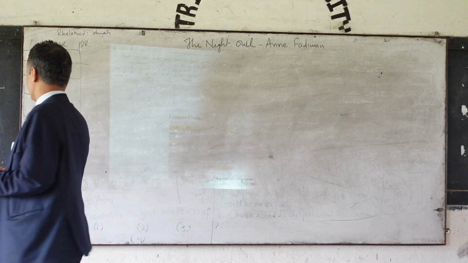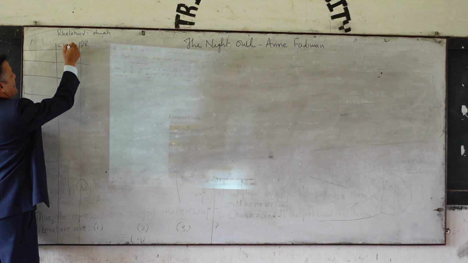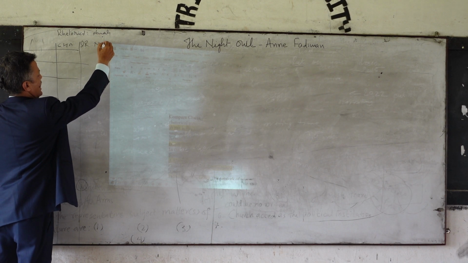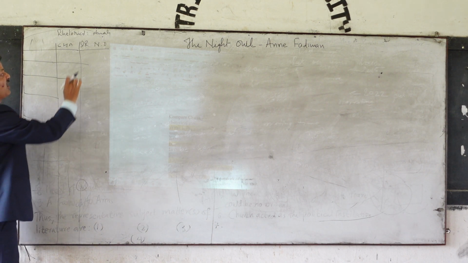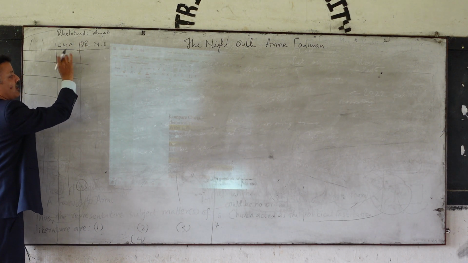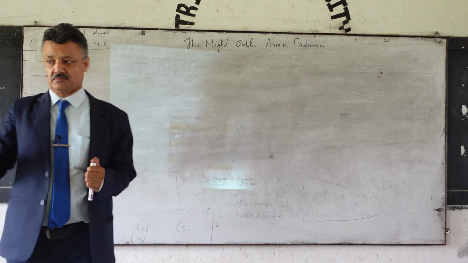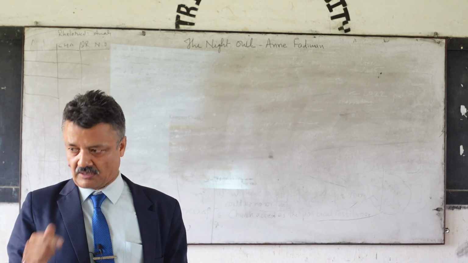So today, what I'll do, I taught you Coming Home Again last time. Now today I'll talk about The Night Owl. As I talk about The Night Owl, on every heading I'll compare both essays. I will tell you the same thing in the previous essay, and I will tell you the same thing in the current essay.